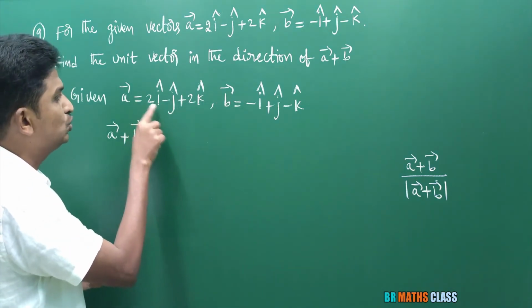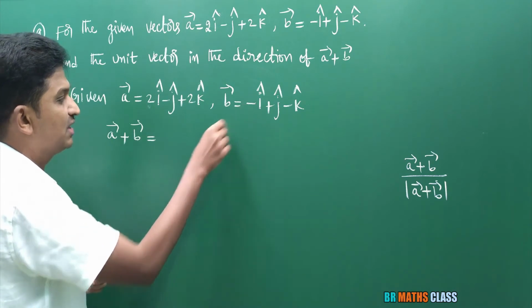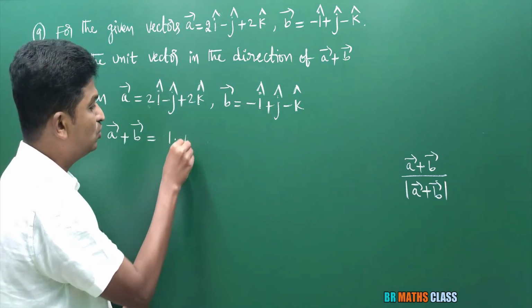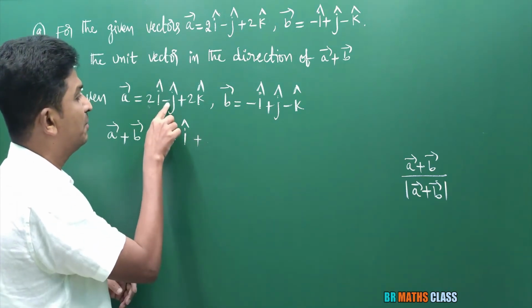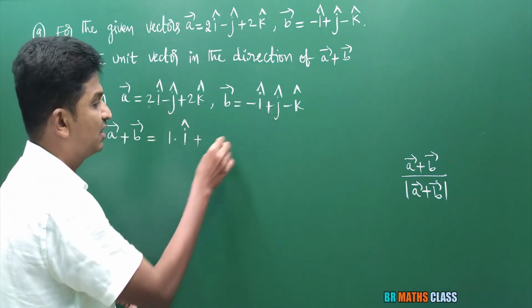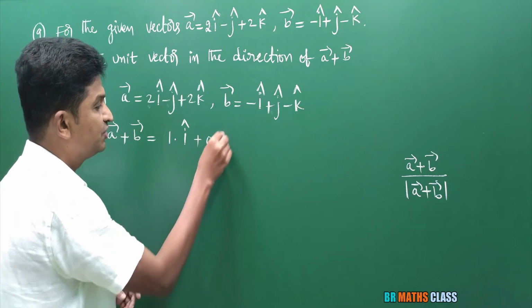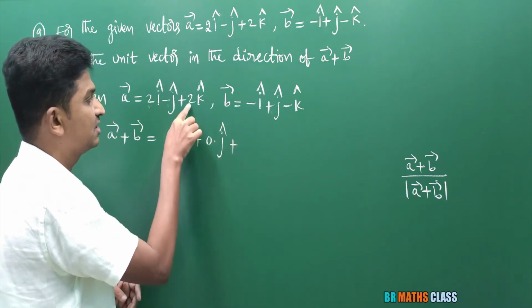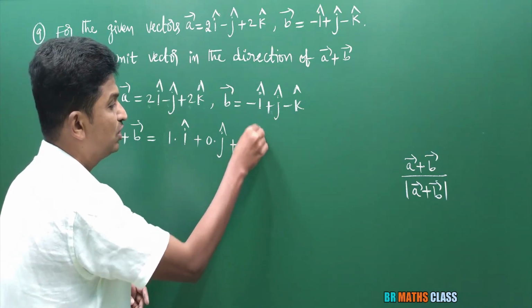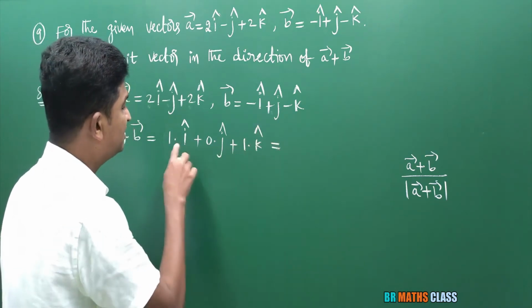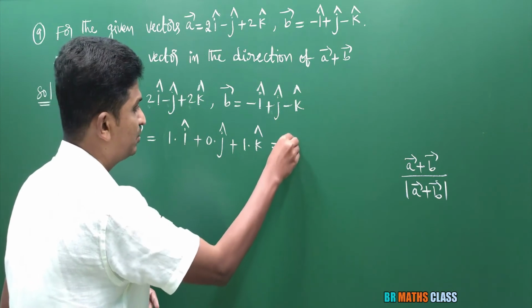You observe here 2 plus minus 1, that is 1. 1 into i cap, plus minus 1 plus 1. Minus 1 plus 1 is 0. 0 into j cap plus 2 plus minus 1, that is 1 into k cap. If I simplify this, 1 into i cap is nothing but i cap.